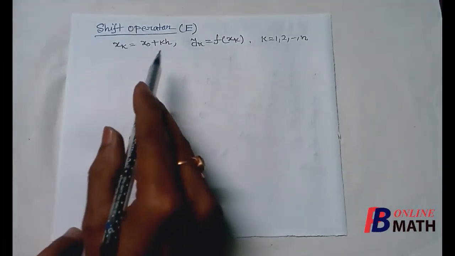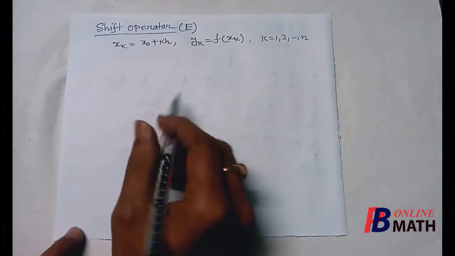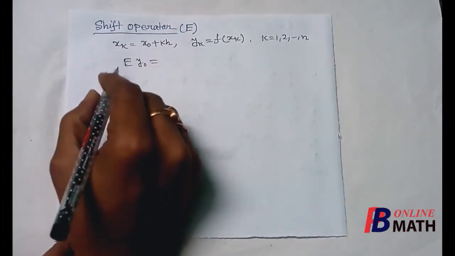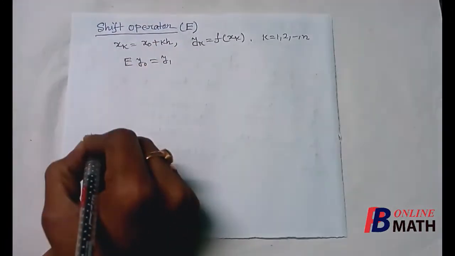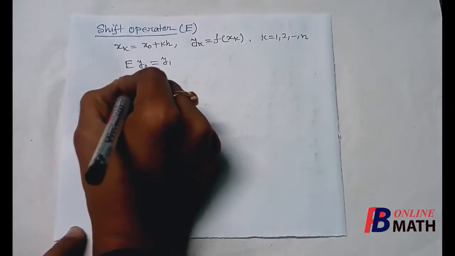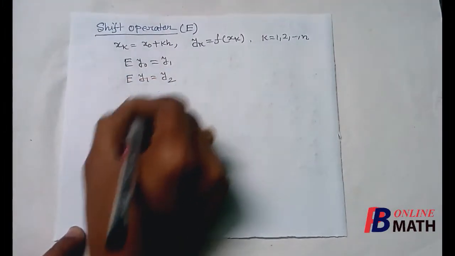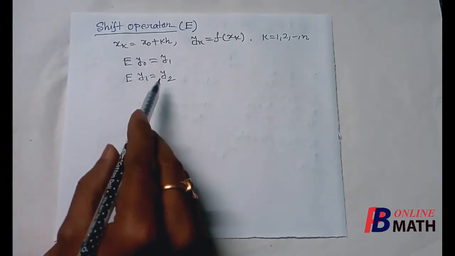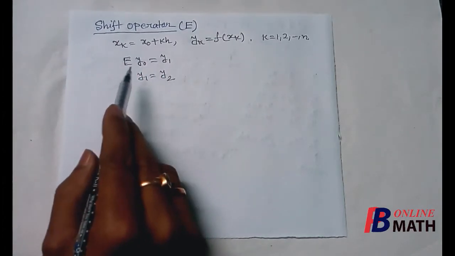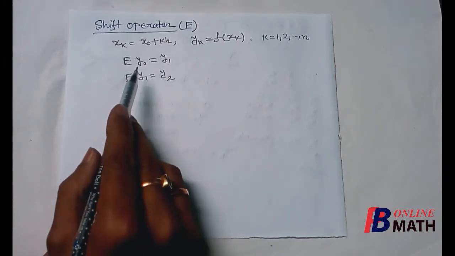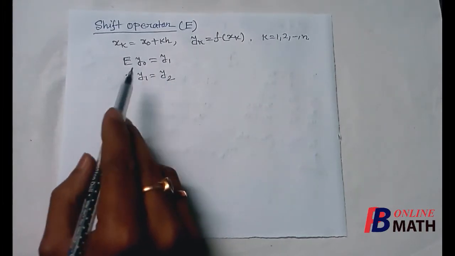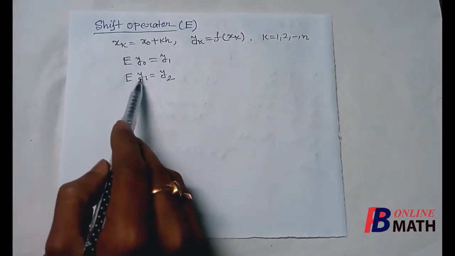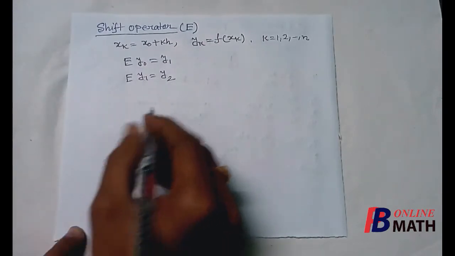Now the shift operator acts on entries. Suppose we apply the shift operator on y0, then it becomes y1. If we apply the shift operator on y1, we get y2. So if we apply the shift operator one time on an entry, it shifts to the next entry. So if we apply E on y0, we get y1. If we apply E on y1, we get y2.